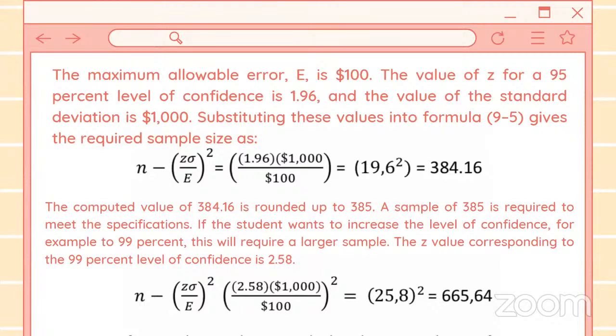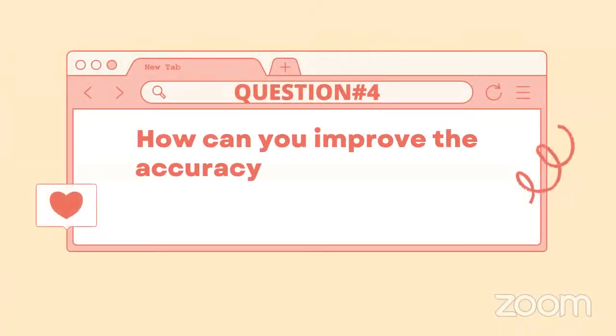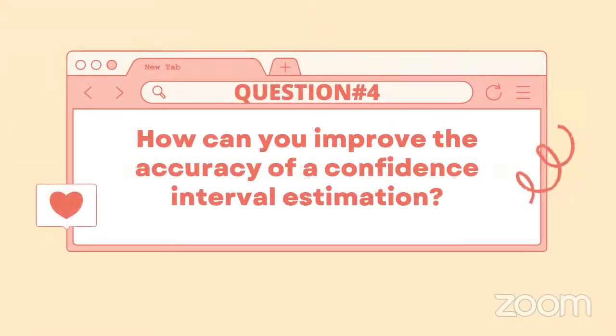And the result is 665.64. And we'll move on to question number 4. How can you improve the accuracy of a confidence interval estimation?